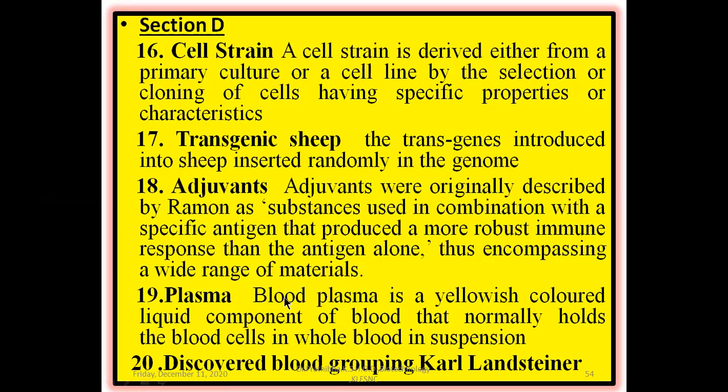Blood plasma is a yellowish colored liquid component of blood that normally holds the blood cells in suspension; it is the liquid part of the blood. Who discovered blood grouping? Blood grouping was discovered by Karl Landsteiner.